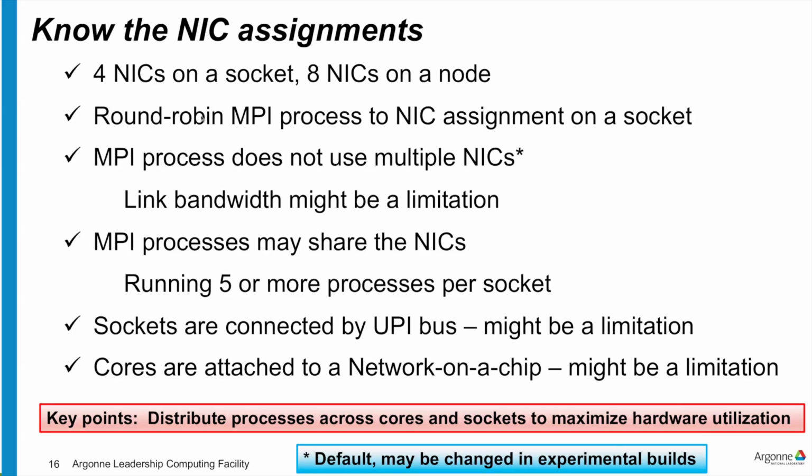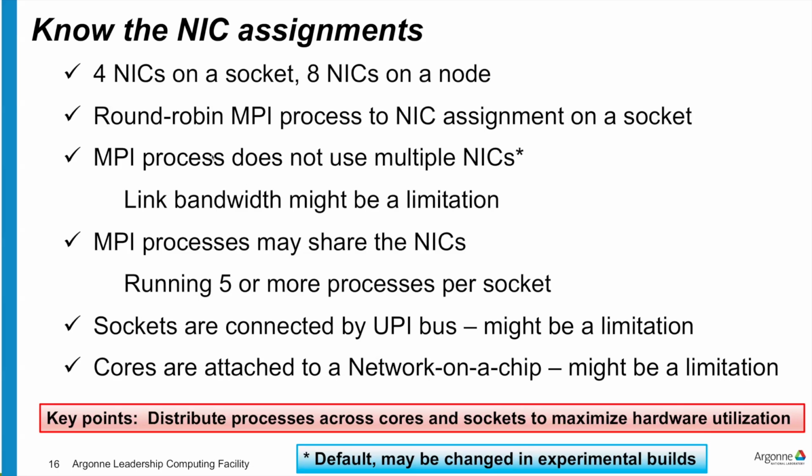When an MPI process does not use multiple NICs by default, it is possible to change it. Currently, what we do is we assign 1 NIC to 1 MPI process only, during the run of the entire MPI job.